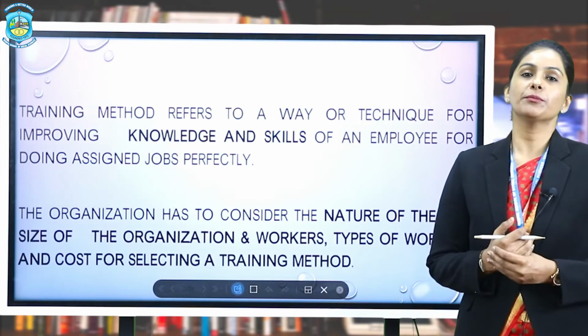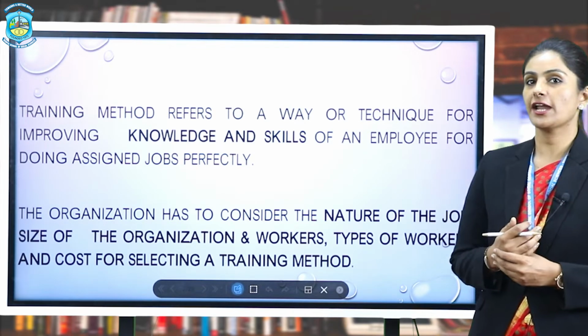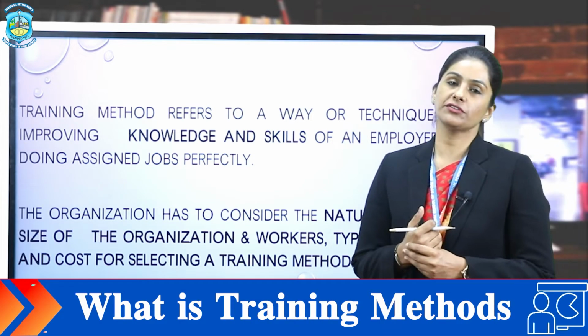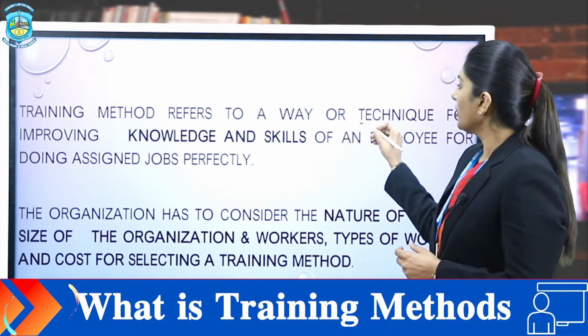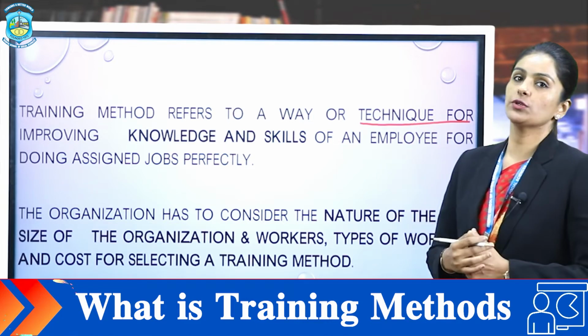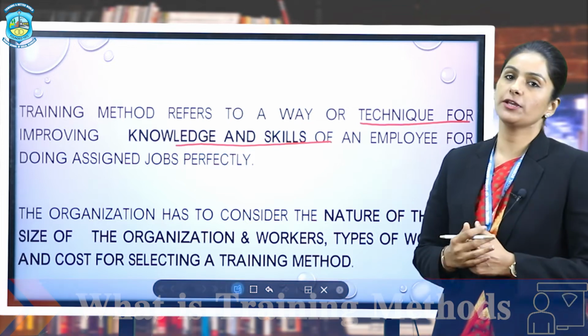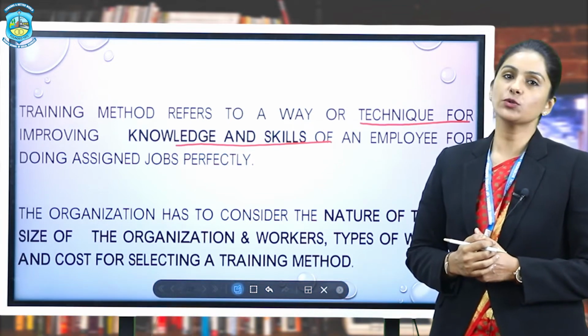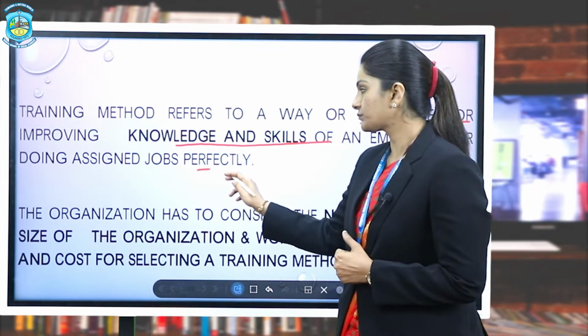So dear learners, before we move on to what are the different methods of training, let us understand what this word training method refers to. Training method basically refers to a way or technique which is used for improving the knowledge and skill of an employee so that he can do the work which is assigned to him or her in a perfect manner.